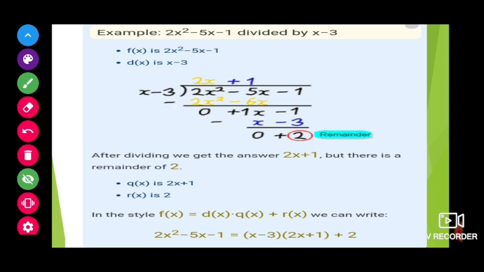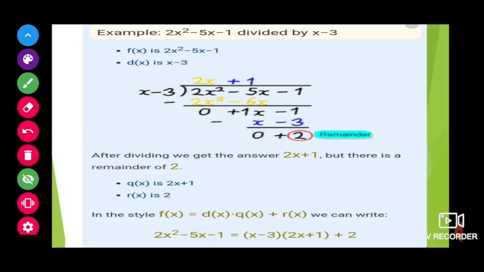So if we multiply, x into 2x is 2x square, and minus 3 into 2x is minus 6x. Now whenever we are doing the division process, next we have to do subtraction. Whenever we do subtraction, as we already know, the signs will change.